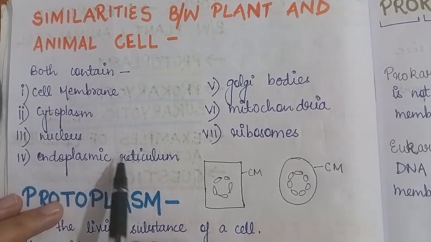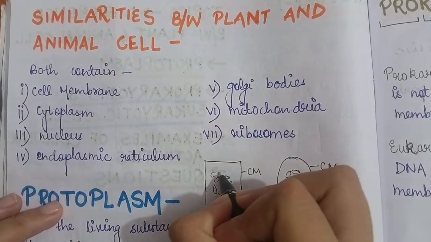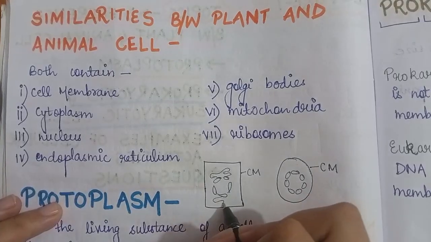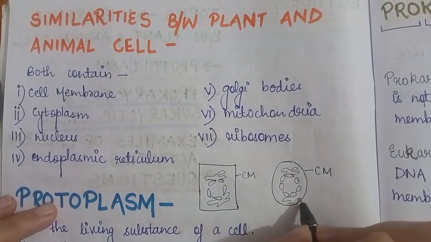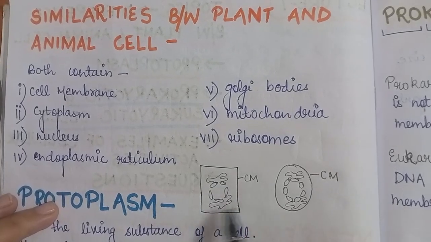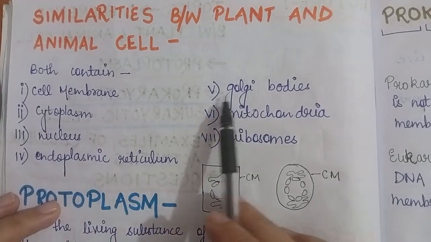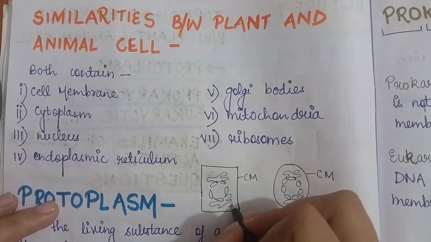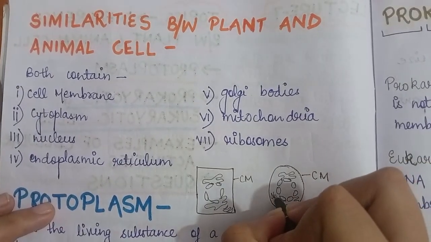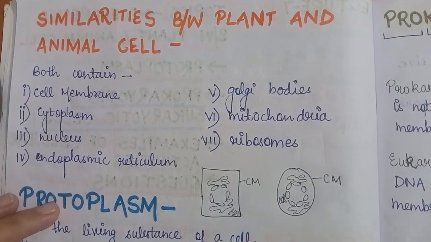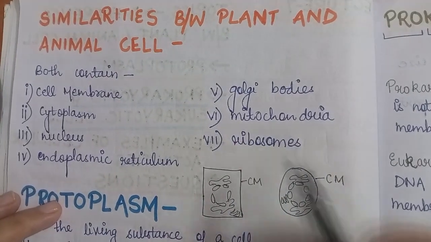Then they both have endoplasmic reticulum. This is endoplasmic reticulum. For understanding, I am drawing these diagrams. They both have Golgi bodies. Now they both have mitochondria.